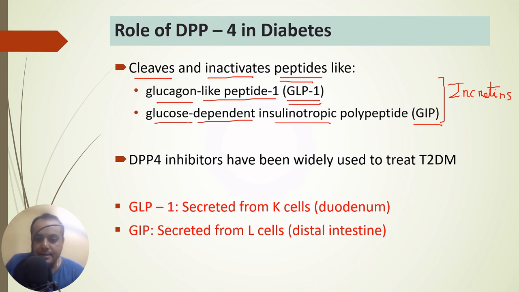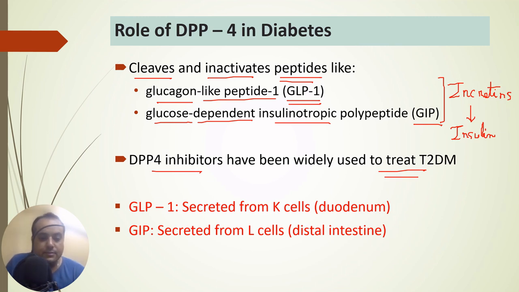And they ultimately help in the synthesis of insulin. So if they are degraded, then the synthesis of insulin is actually hampered and the patient develops type 2 diabetes mellitus. So DPP-4 inhibitors have been used to treat type 2 diabetes mellitus.